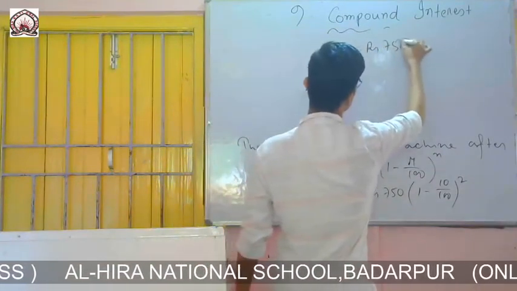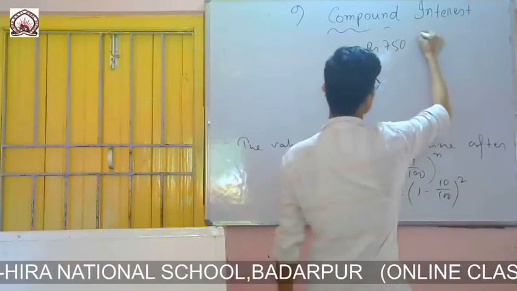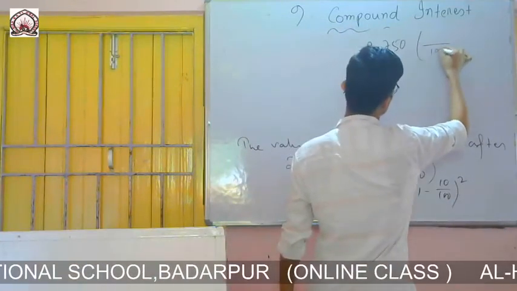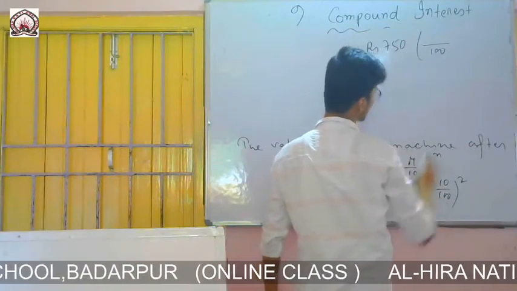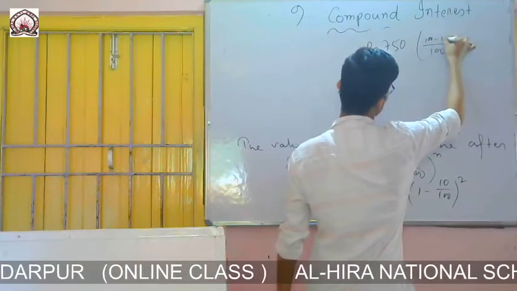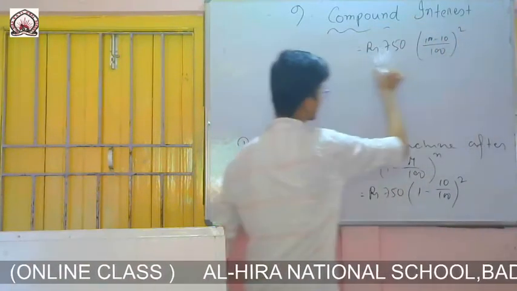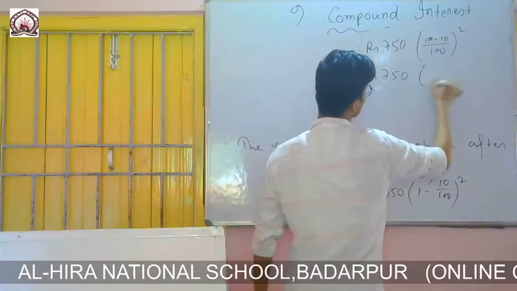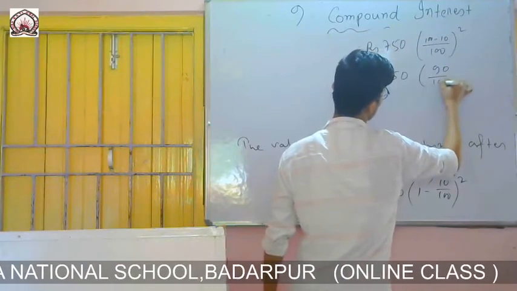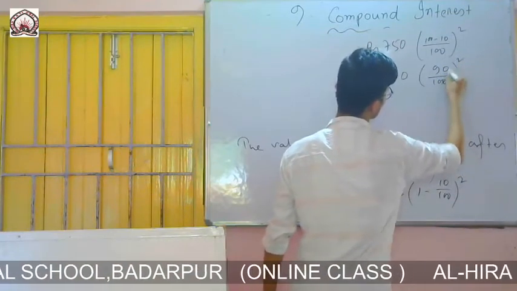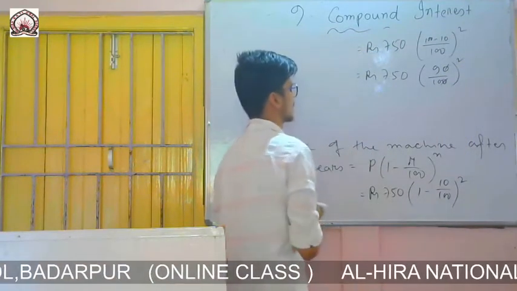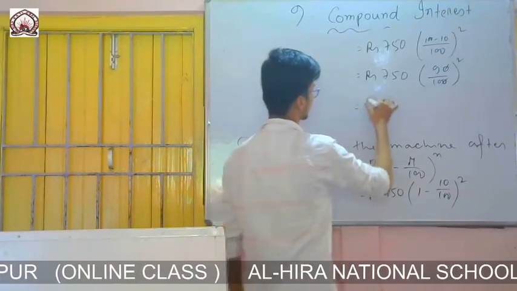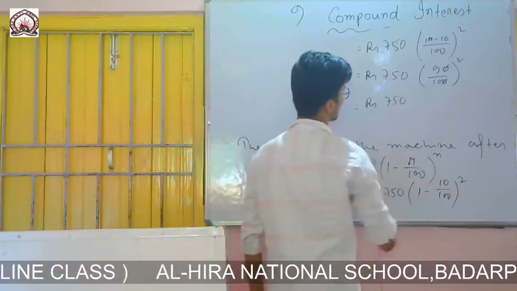Rupees 750, 1 minus R by 100, I can write it as 100. LCM will be 100, and 100 minus 10 whole thing square. Rupees 750, and left is 100 minus 10, it is 90 by 100 whole thing square. 10 and 10 I can cancel, left 9 and 10, so rupees 750.